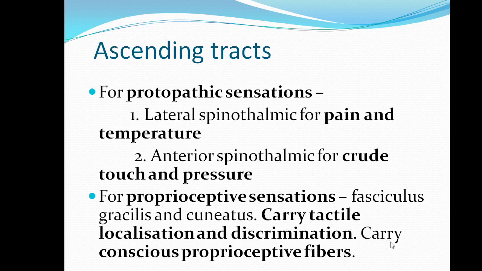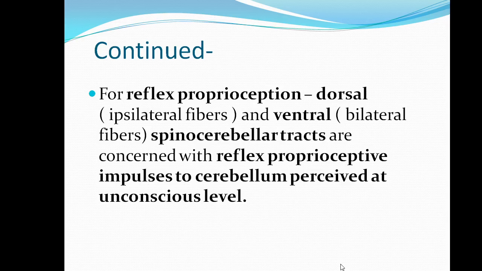They also carry conscious proprioceptive fibers. For reflex proprioception, you find two tracts, the dorsal, that is the ipsilateral fiber, and the ventral, that is the bilateral fiber. So there are two, the dorsal and ventral spinocerebellar tracts. They are concerned with the reflex proprioceptive impulses to the cerebellum perceived at the unconscious level.